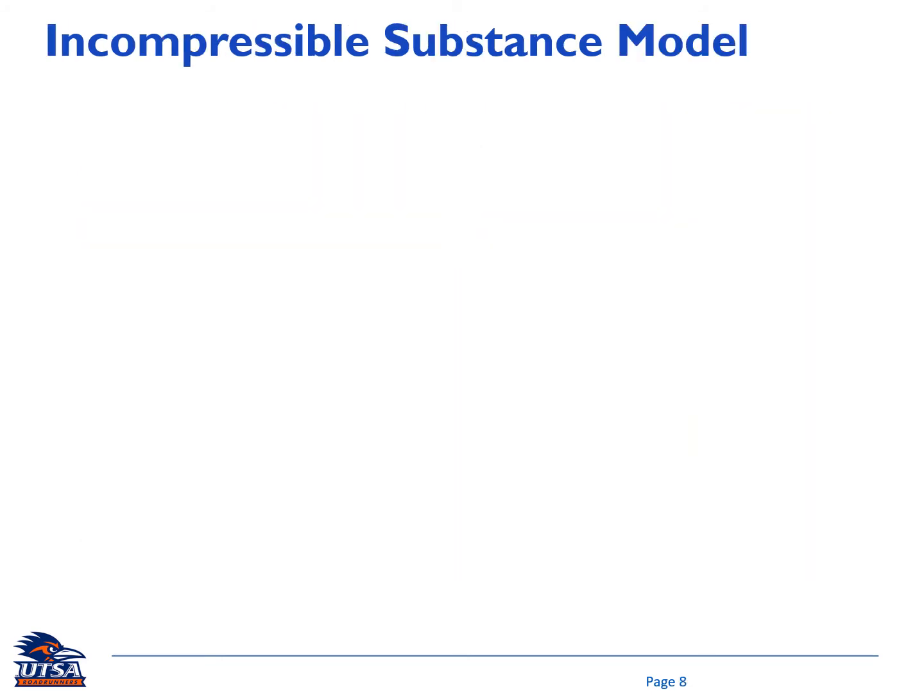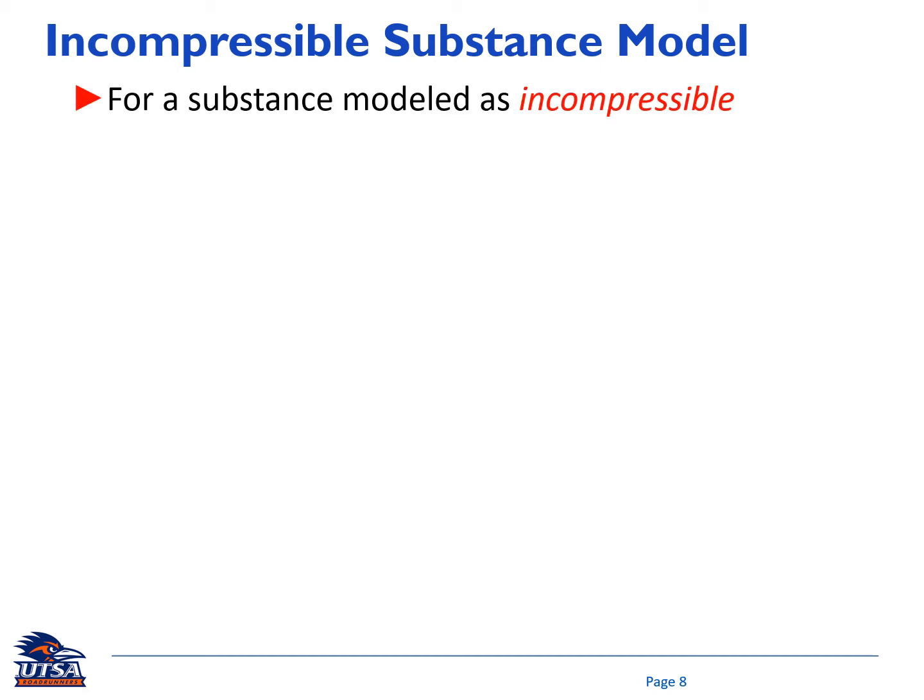The next topic is incompressible substance. I believe you are familiar with incompressible substances; you learned it in physics or maybe basic chemistry as well. For a substance that is modeled as incompressible, the first assumption is that the specific volume is constant, so delta v equals 0.